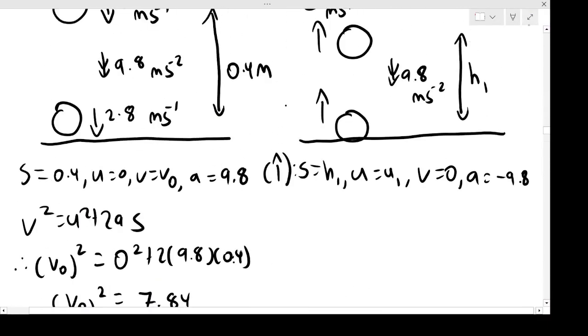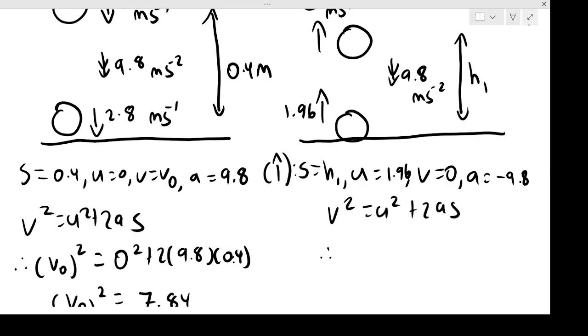So now I can work out my H1. So again, that's going to involve V squared is U squared plus 2AS. So therefore 0 is going to equal 1.96 squared plus 2 lots of minus 9.8 lots of H1.